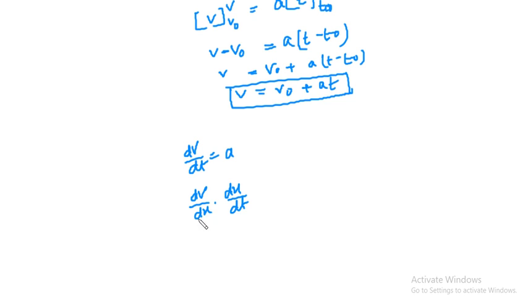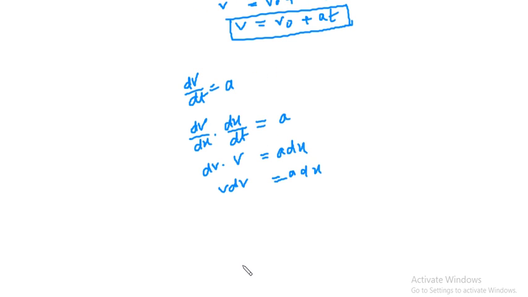You can think like I have divided by dx and then again multiplied by dx, so it will remain the same, equal to a. And dx by dt is again v, so v dv equal to, you multiply this dx on this side, a dx. So v dv equals a dx.